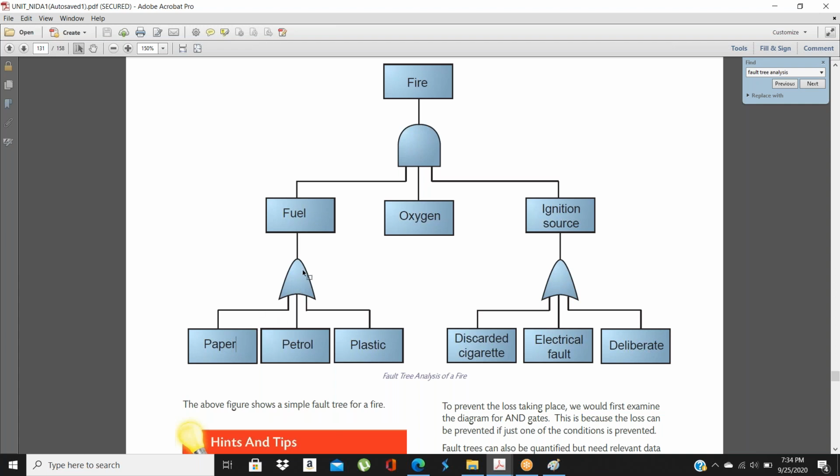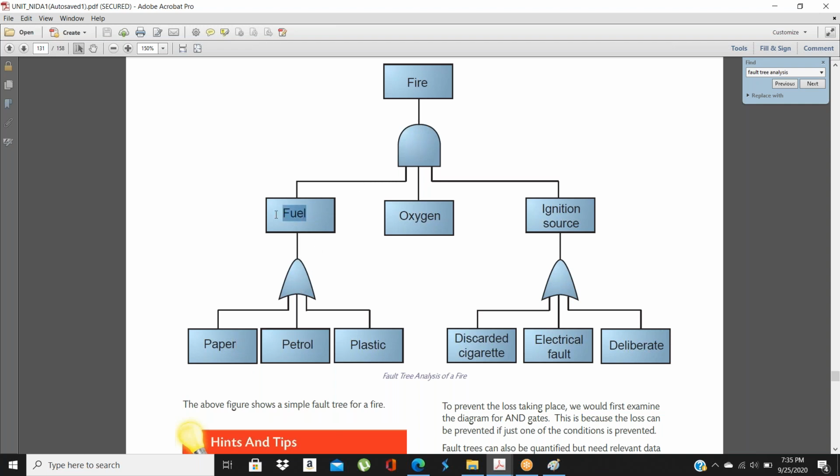This is a simple OR gate, and its purpose ends at this point. After this is another event. We will consider the purpose of every gate before and after only. If there is fuel, this function is finished. Then the other event should be there.